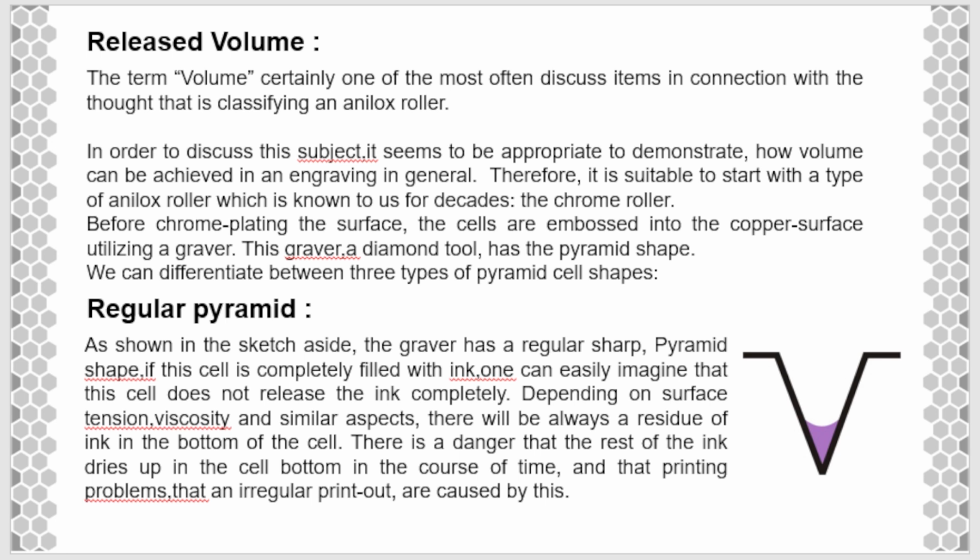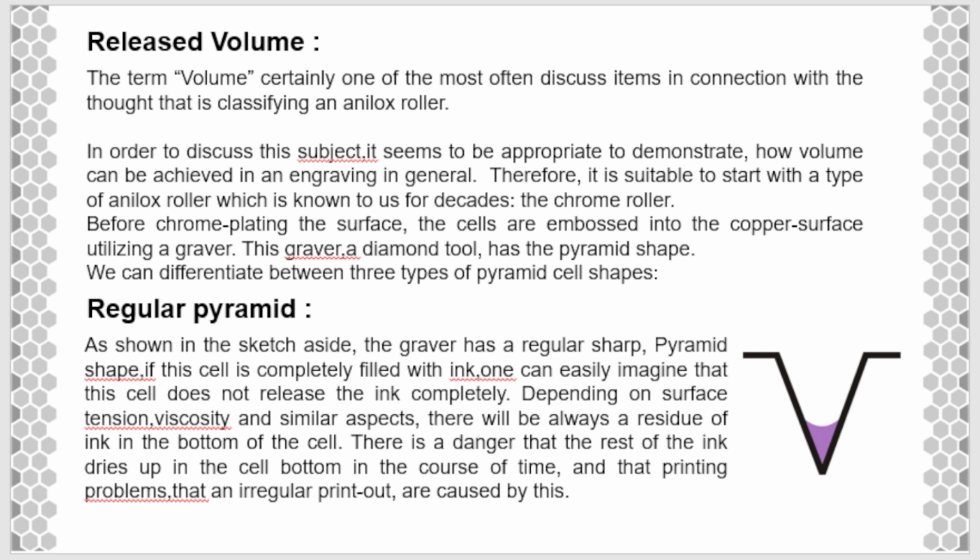Release volume. The term volume is certainly one of the most often discussed items in connection with classifying an Anilox roller. In order to discuss this subject, it seems appropriate to demonstrate how volume can be achieved in an engraving in general.